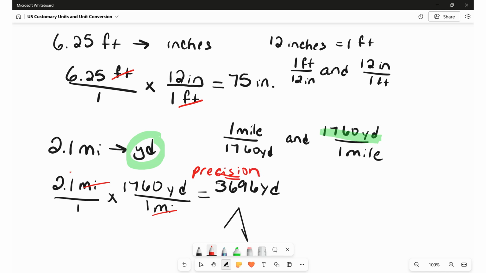This has two significant digits. This has three significant digits. And we want to round to the lowest, so we only want two significant digits. When we round that, we get 3,700 yards.